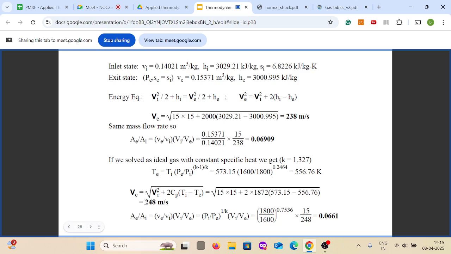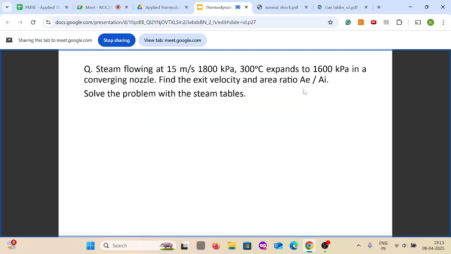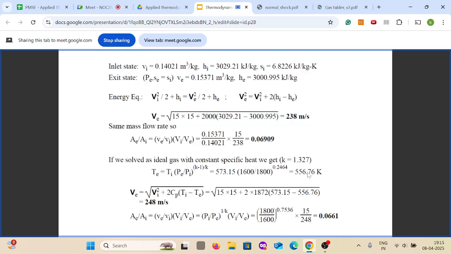Now, similarly, instead of finding enthalpy from the steam table, find it from Cp delta T. We know the inlet temperature 573.15, which is 300 degrees Celsius, and at exit we have found 556.76. So we get a velocity of 248 meters per second, which is close.